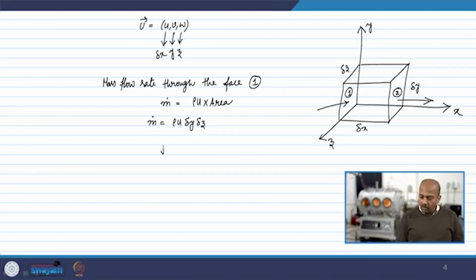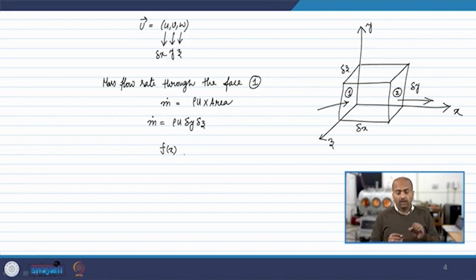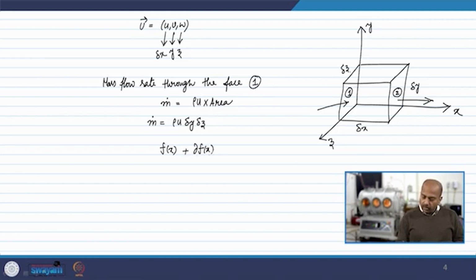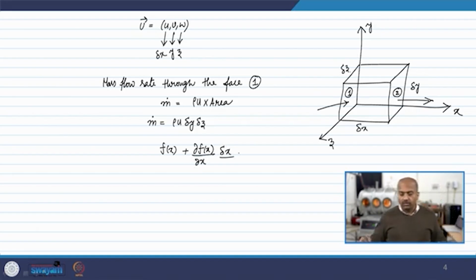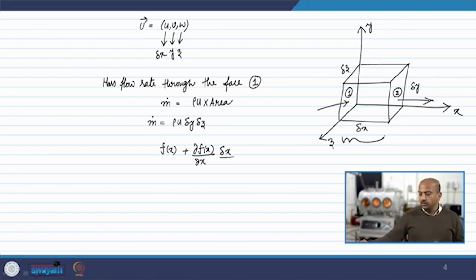Let us say you know the value of the function at a point along the axis as f(x), and you are asked to find out what will be the function's value at a later point on the same axis. Then what you will do is take a gradient, that will be dou f by dou x, and multiply with the increment of the distance that you have travelled, right. Similarly, this is the distance that you are referring to, because the phase 2 is situated at delta x away from this point, right.